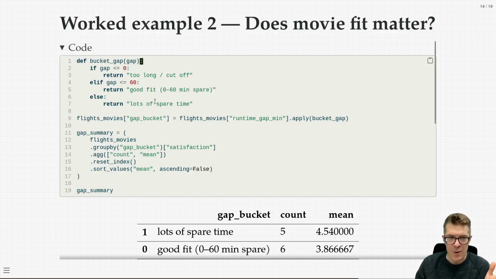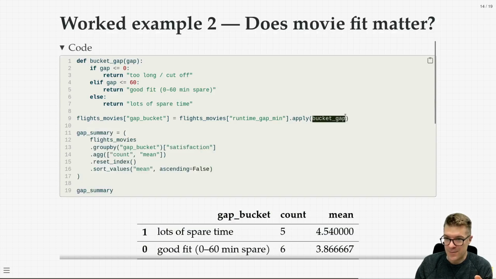I already walked through the logic a moment ago, but you can satisfy yourself that that's what this function is doing. Now I have my flights movies data frame, which I computed a moment ago. It has the runtime gap minutes, which is my engineered feature, which I inserted into the data frame. Data frames allow you to run a function called apply, which takes a function name as an argument.